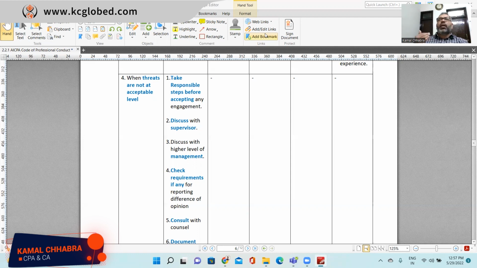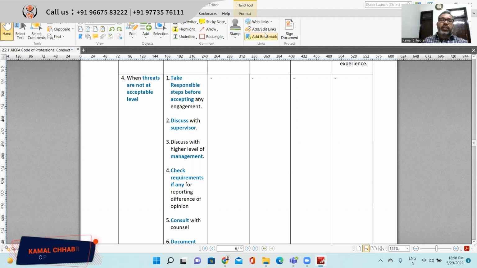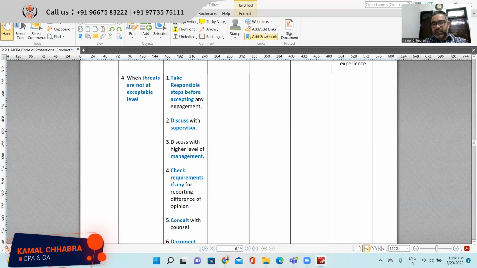For example, let's say you are doing an audit of the liquor industry, which is a highly regulated environment, or maybe the oil and gas industry, which is highly regulated, even internationally. So you are required to fulfill the compliance of those international laws or respective industry laws or ministry or department laws, and probably you are not comfortable with it, right? So it is always good to check the requirement of the respective law or regulation, and if there is any difference between what you think and what management thinks, then how to deal with those differences in future.